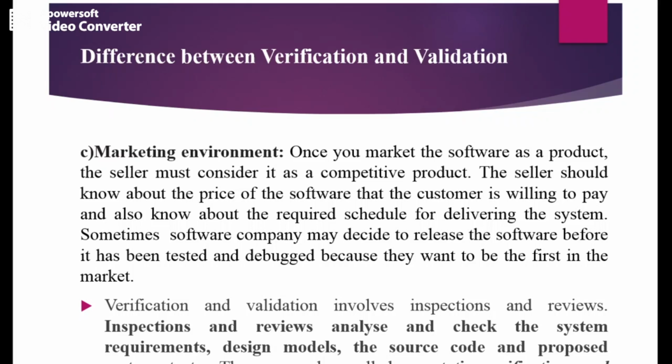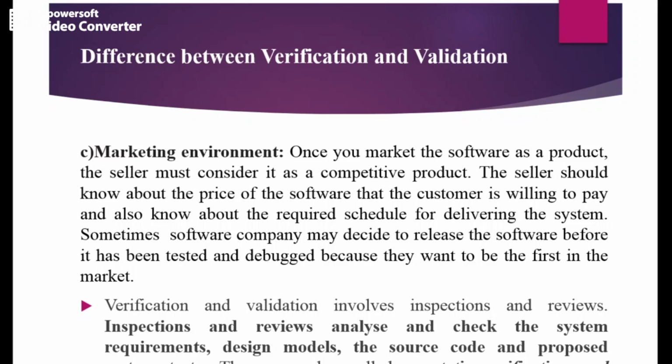Now, how are inspections and reviews different from testing? See, in testing you're running your code, but in inspection and review you're not executing the code. What you're going to do is just keep on analyzing. First they might analyze the SRS. They will start reading the requirements, whether they are valid, whether your system has achieved them.